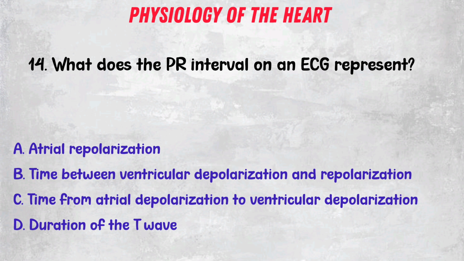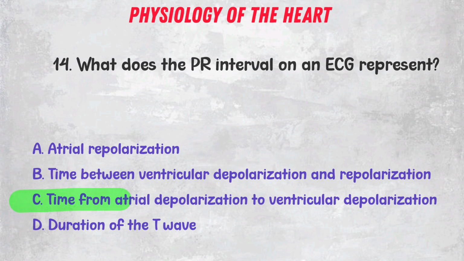C, time from atrial depolarization to ventricular depolarization. And D, duration of the T wave. The answer here is actually C, which is time from atrial depolarization to ventricular depolarization. The PR interval actually measures the time the impulse takes to travel from the SA node to the ventricles.